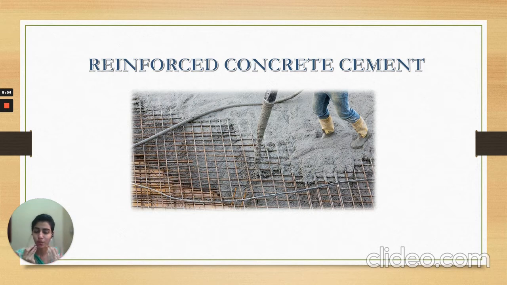It is used in the construction of dams, bridges, centering works in houses and pillar construction. Huge water tanks, water pipes and drainage are also built using reinforced concrete cement. I hope you understood all the three.